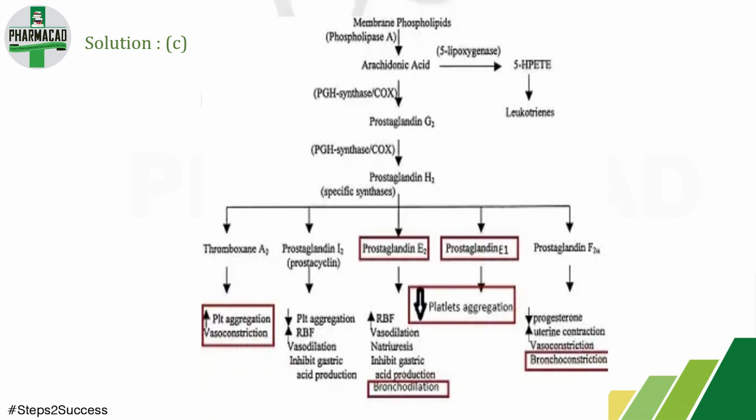However, you can see here PGF2 alpha has uterine contraction, that is oxytocic action, but prostaglandin E2 will cause bronchodilation, but PGF2 alpha will cause bronchoconstriction. So please remember this chart for the different functions and effects of thromboxanes and prostaglandins.